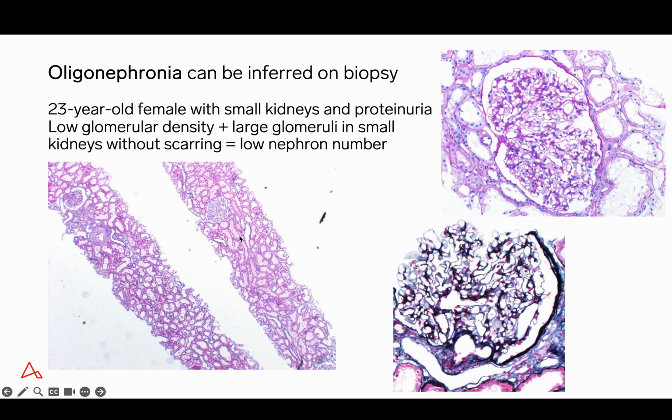But in a normal kidney, we would expect to have maybe 6, 7, or even 8 glomeruli within cores of this length. If we look at the glomeruli themselves, they are markedly enlarged. And so the wide separation between glomeruli is due to enlargement of the tubular portion of the nephron. So if we combine low glomerular density, large glomeruli in small kidneys without scarring, I think we can quite logically infer that a marked reduction in nephron number is present.